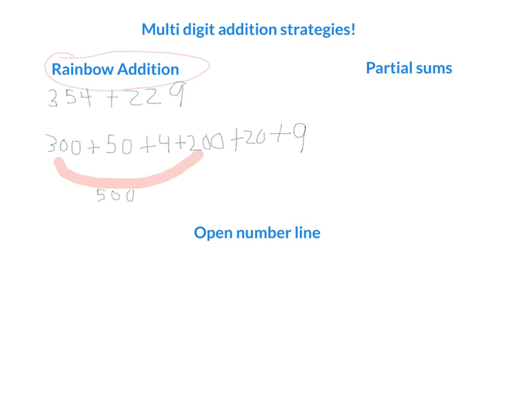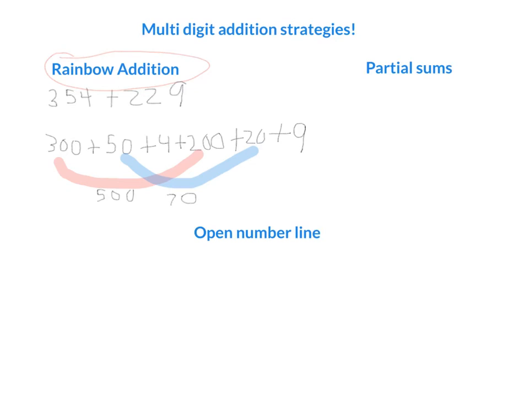Then we'll look at our tens place, which is right here, the 50 and the 20. That's an easy addition problem, and we know that equals 70.